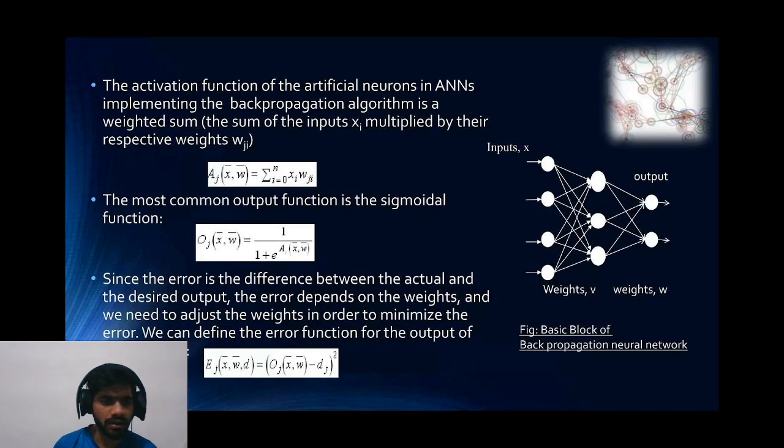Now the error is the difference between the actual and the desired output. The error depends on the weights, and we need to adjust the weights in order to minimize the error. We can define the error function for the output of each neuron. So this figure shows the basic block of the backpropagation neural network, as you can see here.